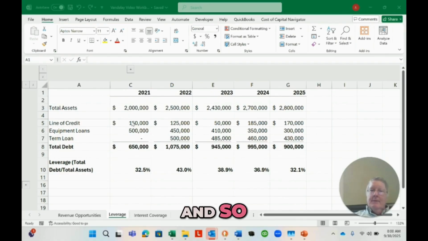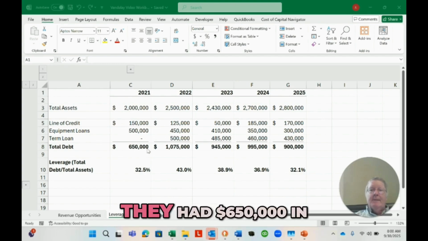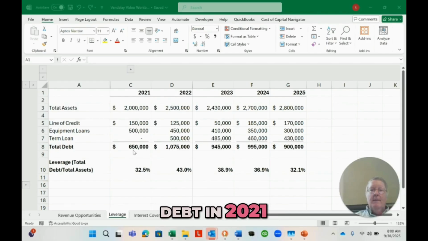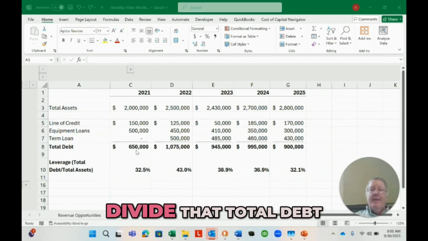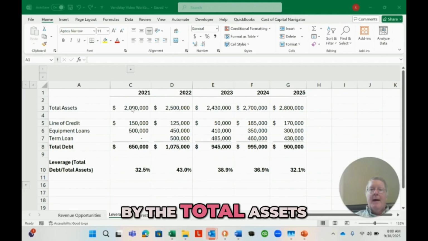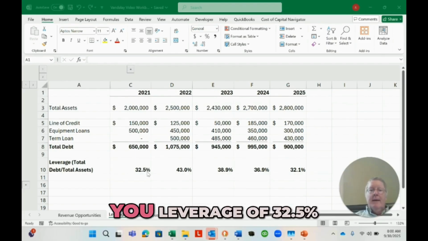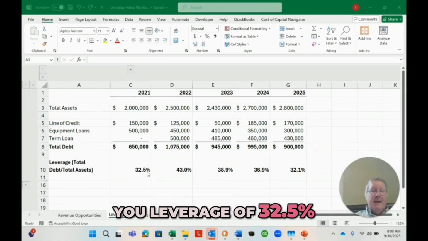And so to calculate this, it's really easy. All you do is you add up all of your debt. So for example, they had $650,000 in debt in 2021. And then you just divide that total debt by the total assets of $2 million. And that is giving you leverage of 32.5%.